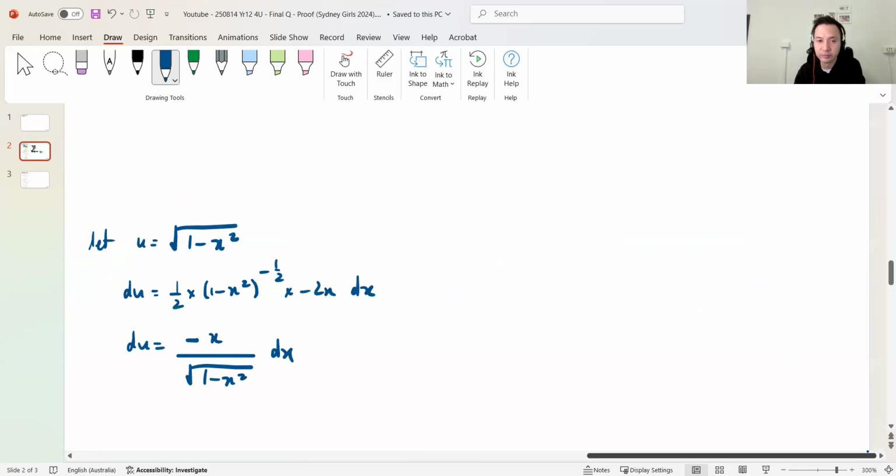Okay. And then dv equals x^(2n) minus 1 dx. I integrate that, add 1 to the power, divide by the new power. Yep, let me just check that. Yep, that math looks right.